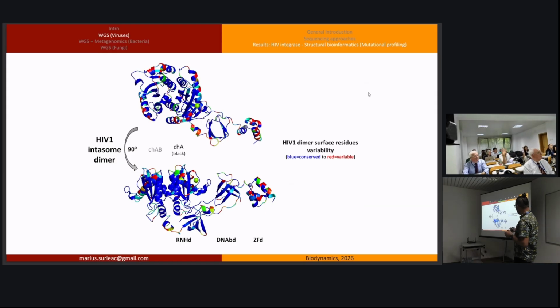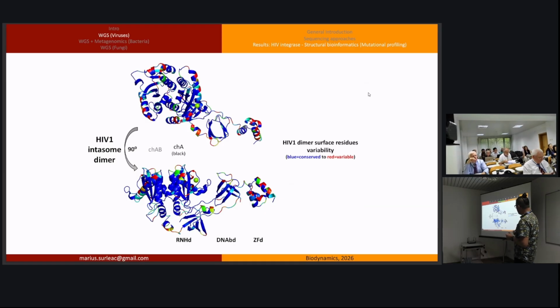And this is important because, based on that, we can see where the mutations occur on the 3D structure, and we can tell afterwards if a particular mutation has any propensity for affecting the binding of a drug. Like in this case, raltegravir binds in this specific site where you have a magnesium ion.